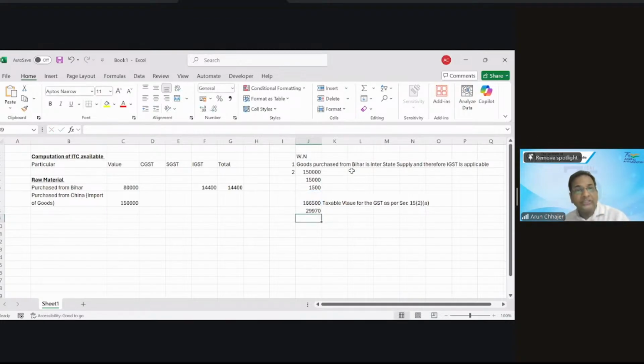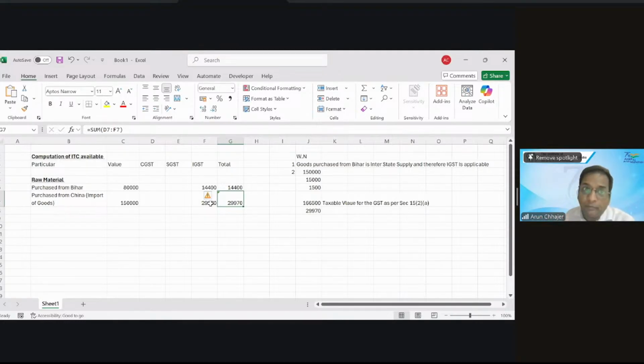Even though the IGST amount is not given by the question, we will be able to calculate. So there is no doubt the amount is 29,970.